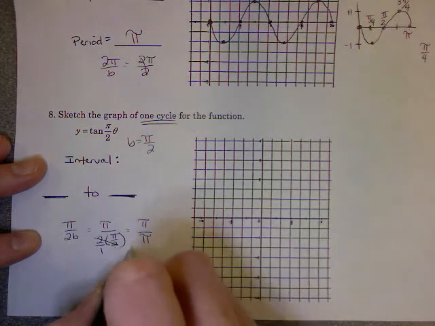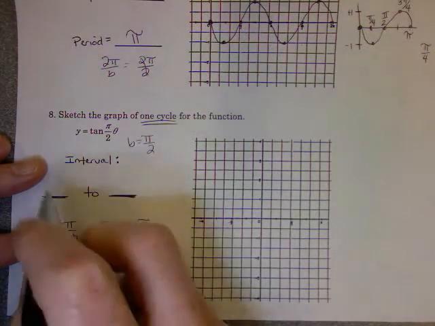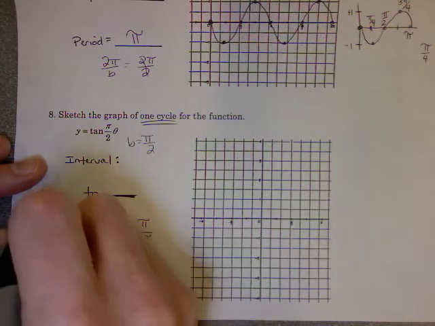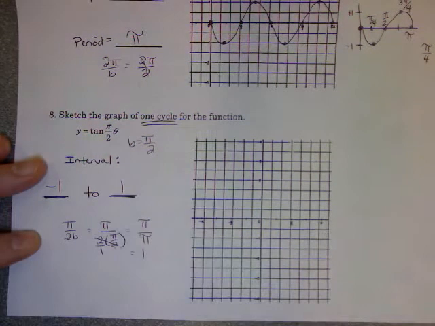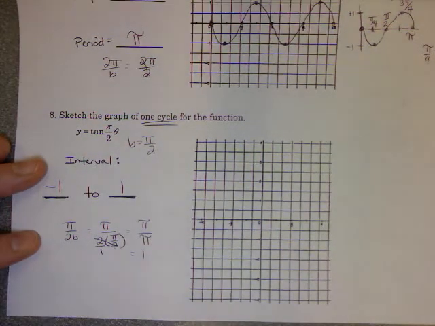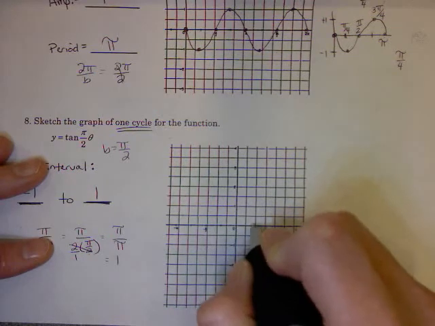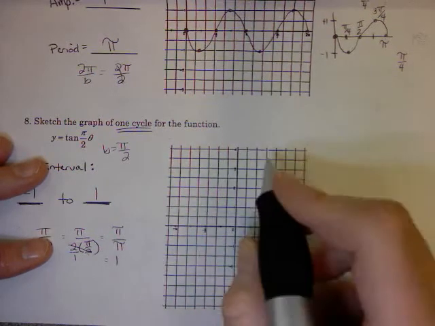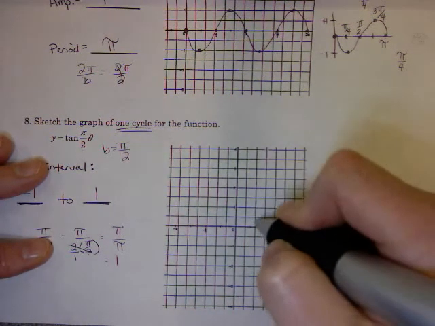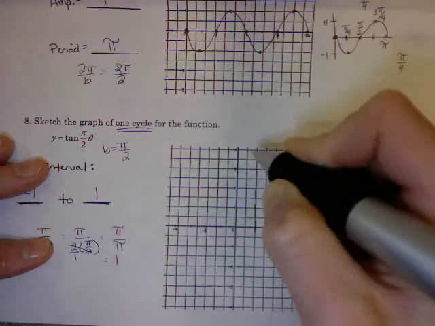Pi divided by pi is just 1. So our interval is between -1 and +1. Those are the asymptotes. In this case, these lines are going up by half, so 1 is right here. So here's an asymptote.